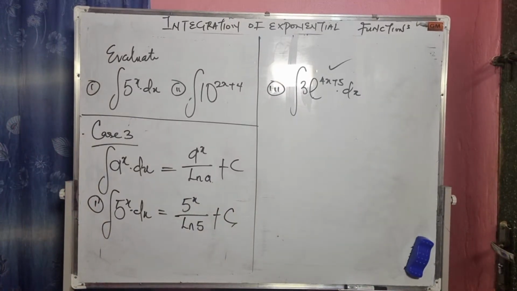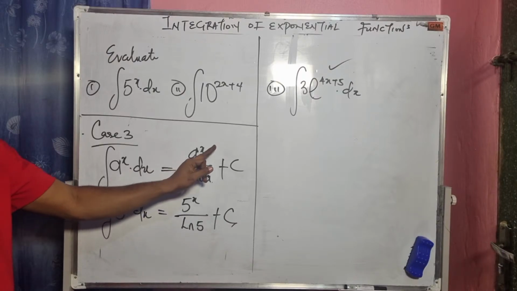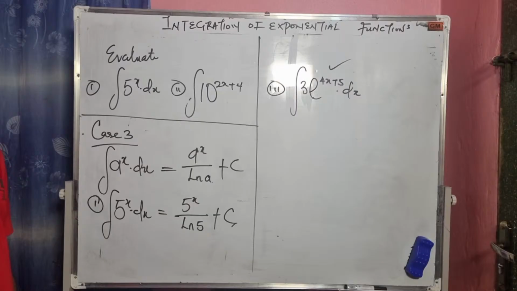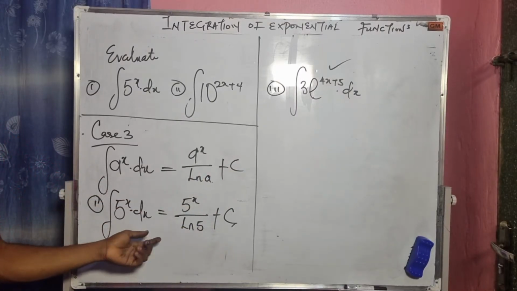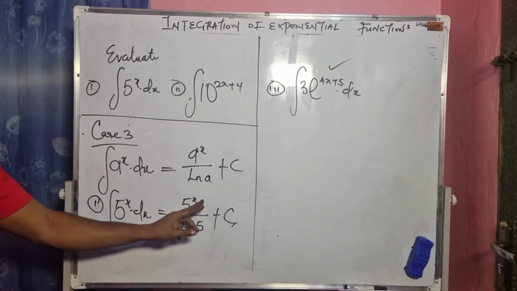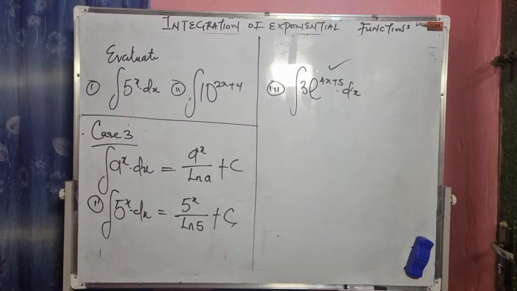That is just how to solve this. I repeat again: the integral of a to the power of x dx equals a to the power of x over ln a, plus c. So if I have this, it becomes 5 to the power of x over ln 5 plus c.